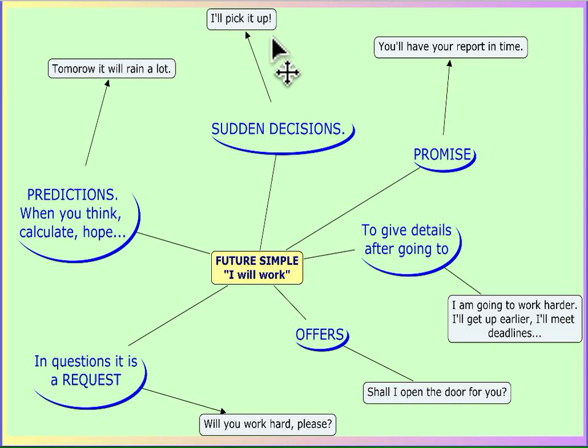Was that a plan for you? No, I didn't even know that you were going to drop something. So I see you dropping something, and then I decide to pick it up for you. I decided in that moment. That is why we use this tense to order in a restaurant.